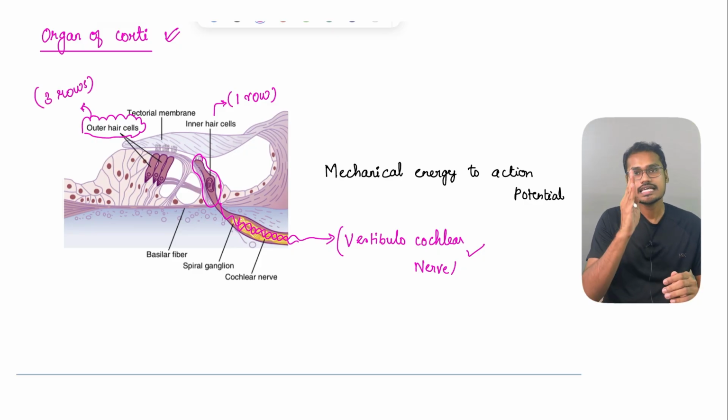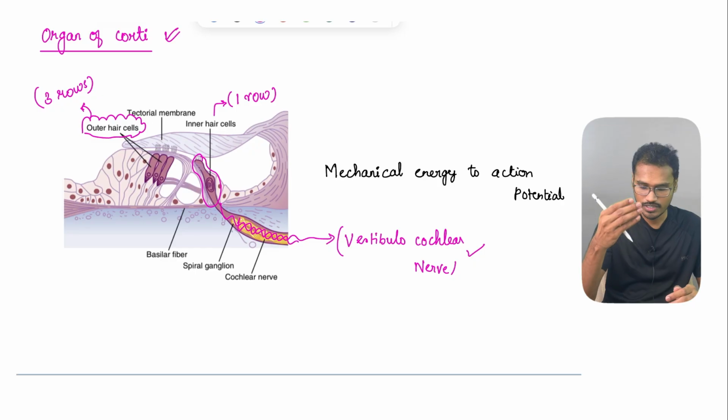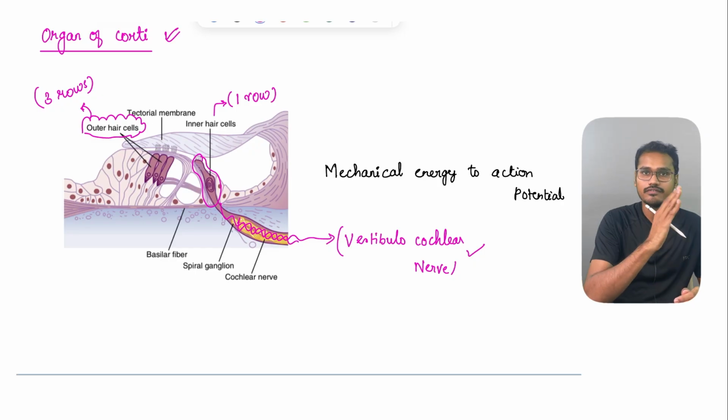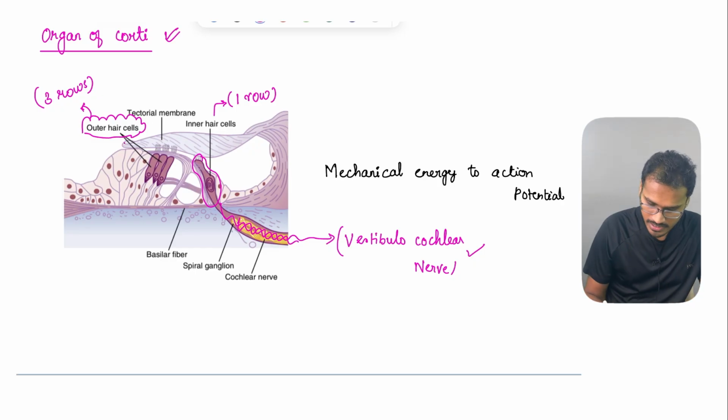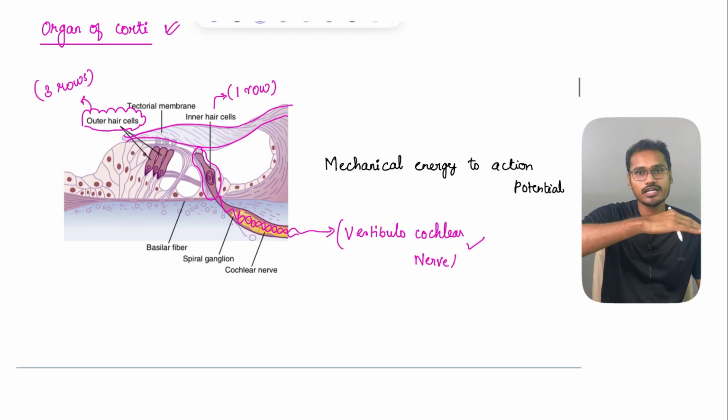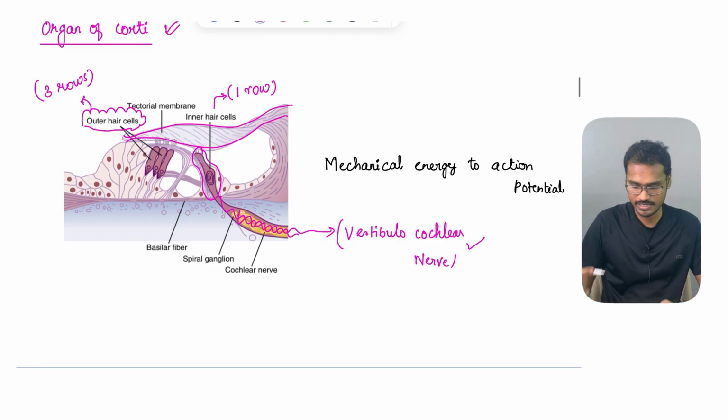These hair cells have cilia on them, which are going to vibrate when the tectorial membrane is vibrating. So this is the tectorial membrane which is on top of it. When this tectorial membrane is moving in that fluid, the hair cells are attached to it, and it will vibrate the hair cells like this.